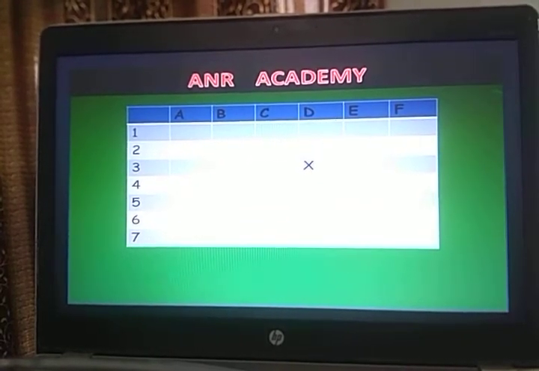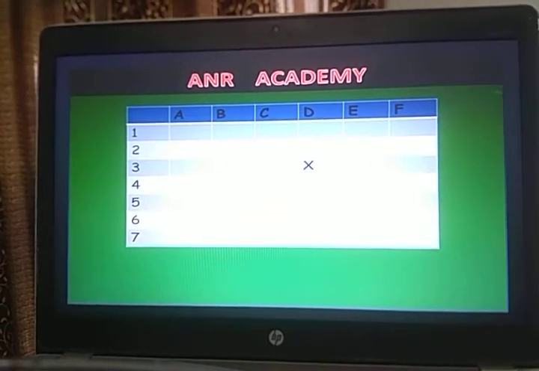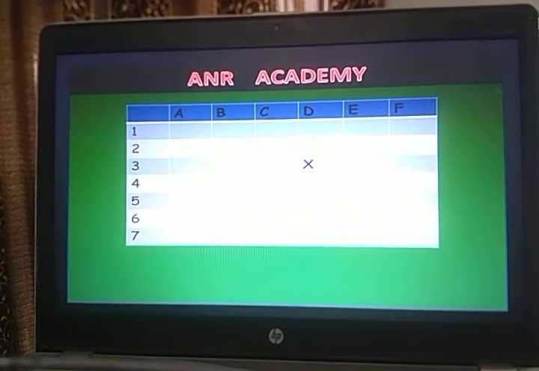Now suppose we want to describe that point X. Can we say that the point is in the third row? Is it enough to say? Or can we say that the point is in the fourth column, in the D column?